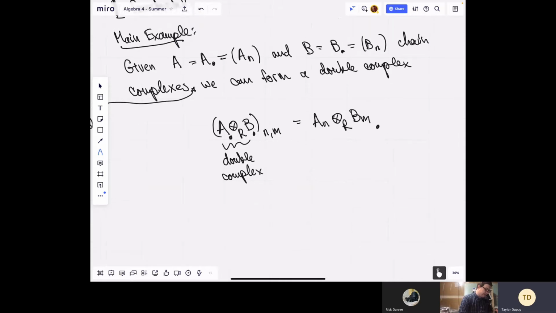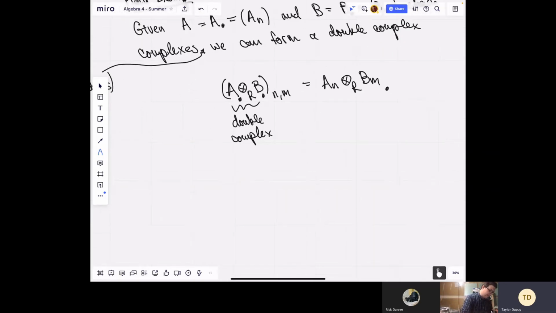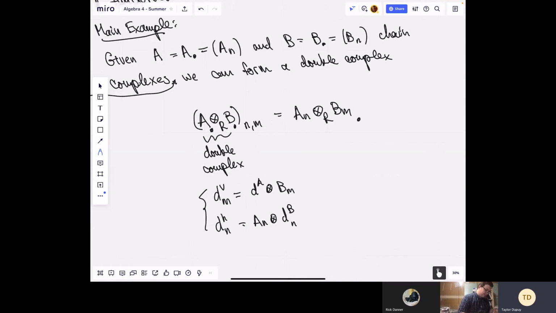So this is our double complex, where D vertical is D on A_n tensor B_m, and D horizontal on the nth piece is going to be A_n tensor D on B_m.